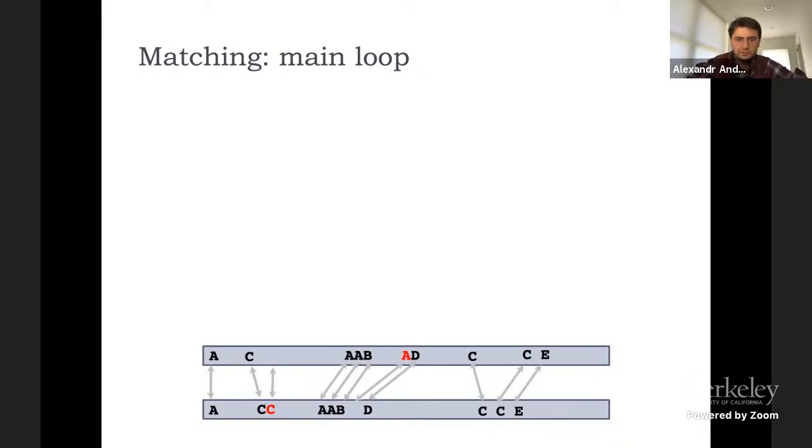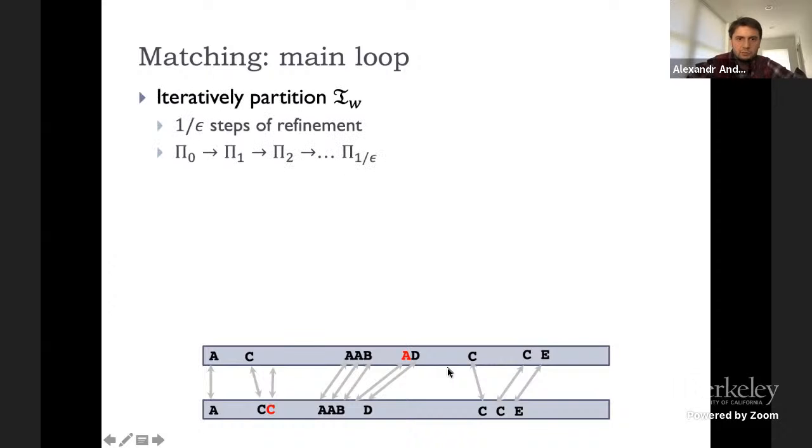Okay, so the main loop. We are partitioning I W. Remember, we want this graph. We want to partition things into these basically equivalence classes. So we start with everything being together, and then we begin splitting things apart, corresponding to these equivalence classes. There will be 1/epsilon steps of refinement.